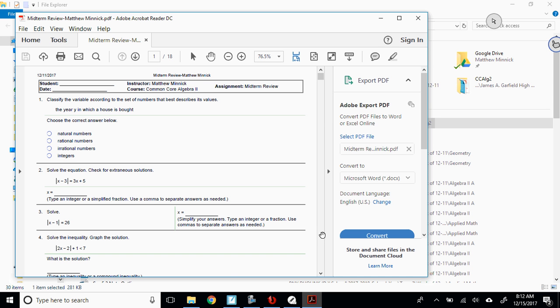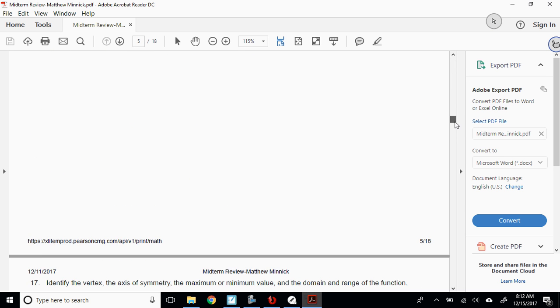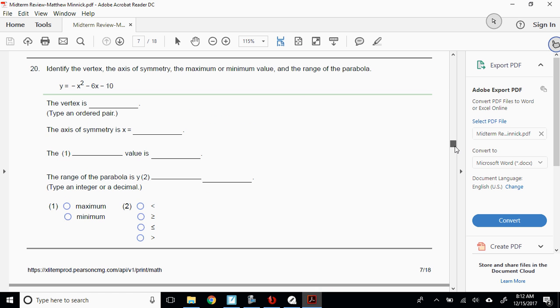I don't have the visual to go along with it, but number 20, the vertex is (-3, -1). The axis of symmetry is x = -3. Number 20 has a maximum. I know that because the graph opens down.